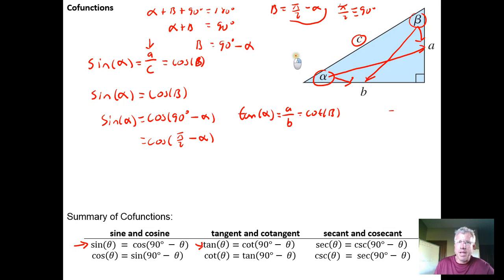So remember, the definitions for cotangent and tangent are just reciprocal definitions. So if tangent is opposite over adjacent, then cotangent is adjacent A divided by opposite B. And we see that those two functions, tangent alpha and cotangent beta, equal the same side ratio, so they are the same as each other.